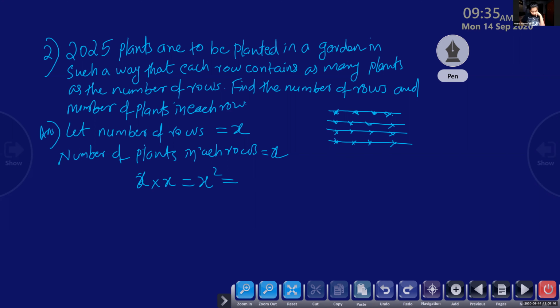So x square equals 2025, and x equals root of 2025. Find 2025 into primes, factorize it and find its root.